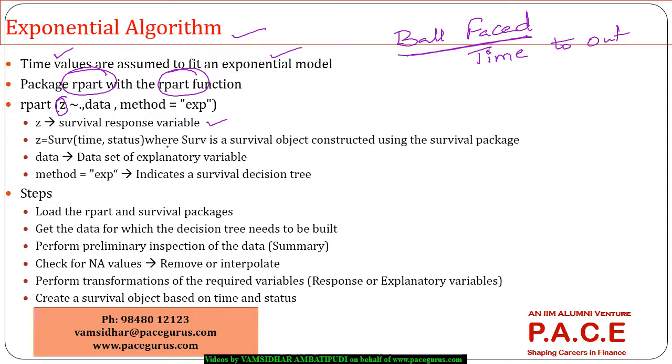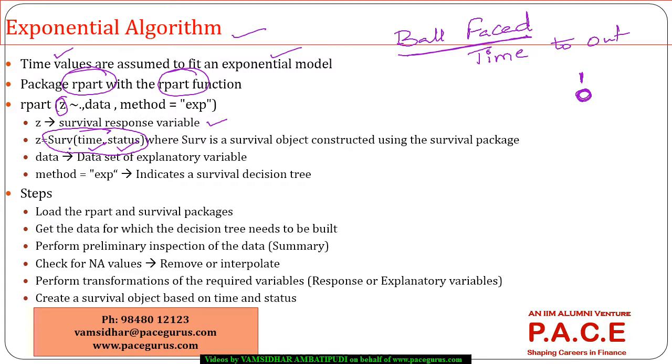So by taking these two from the data, time to event, in this case the ball space, and status, whether the event has occurred or the data is censored, I have to always specify whenever the event has occurred, I set it as 1, and whenever the event did not occur and the data is censored, I will take it as 0.